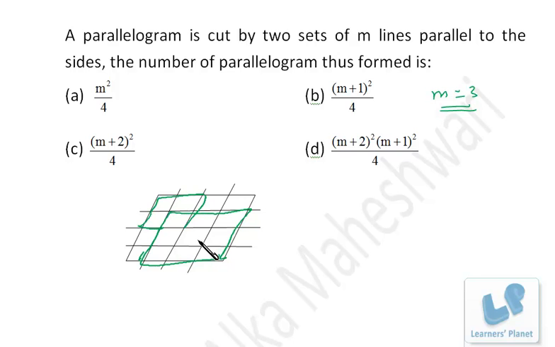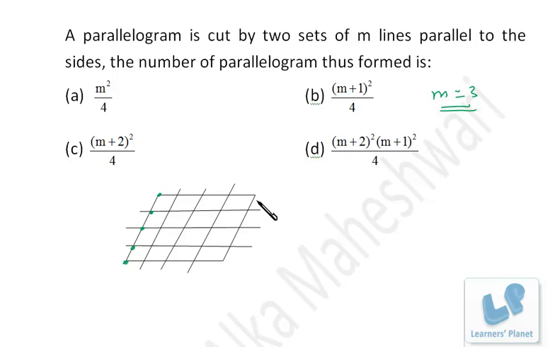Now what that logic is, just listen to me carefully over here once again. See, to form a parallelogram, we need 2 points from this line and 2 points from this line, right? Now how many points are there on this line? This is 1, 2, 3, 4, 5.